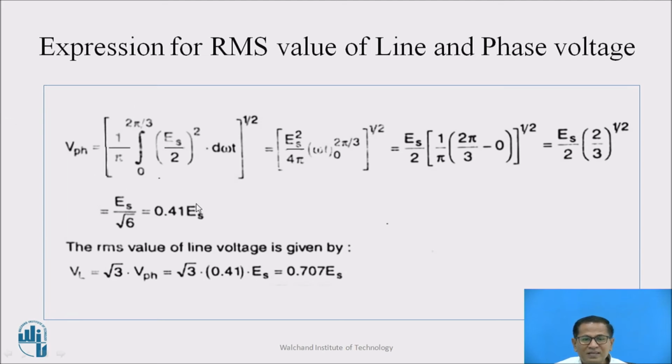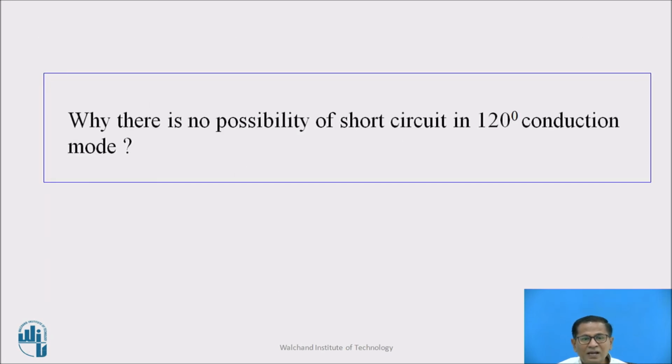Therefore, V phase is equal to ES divided by root 6, or 0.41 into ES. The RMS value of line voltage is given by VL is equal to root 3 V phase. Therefore, VL is equal to 0.707 ES.